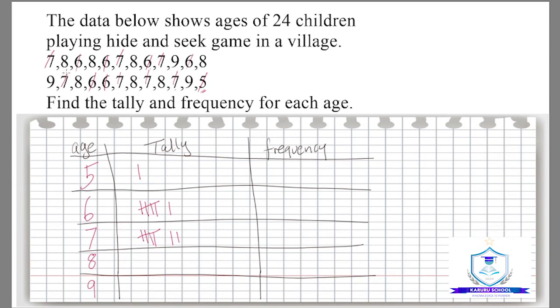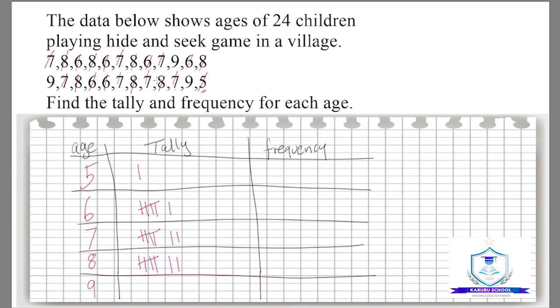So we identify 8 years here and we tally 1, we cross this 8 and we tally this other 1, we cross 8 and we tally here, we have this 8 and we tally there, we have this 8, we bind the tallies, then we have this 8, we tally here, we have this 8 and we tally here. So seems like we have exhausted all the ages which corresponded to 8 years.